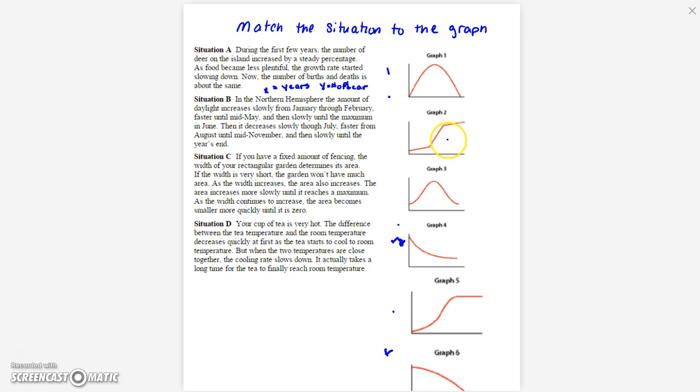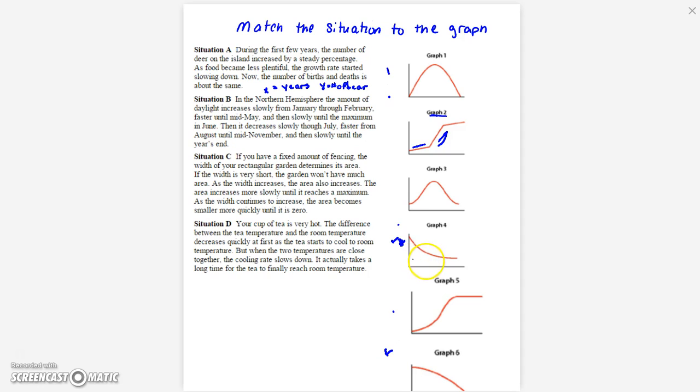So if we look at graph 2, you see how the second part of the graph is steeper than the first part? That means that it's getting faster, and that's not what happens, right?